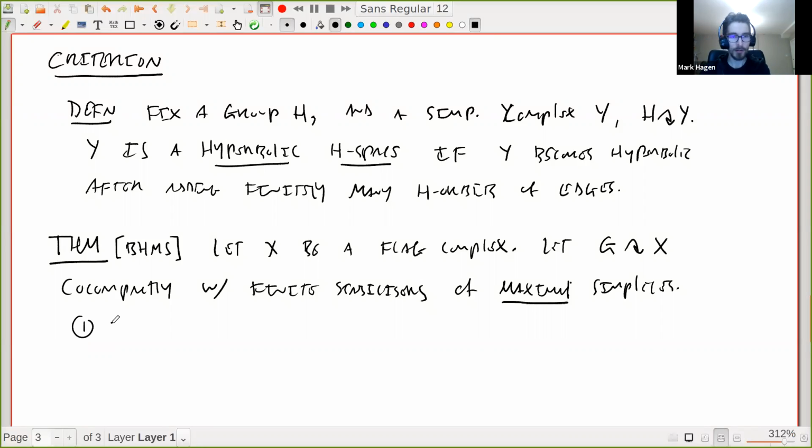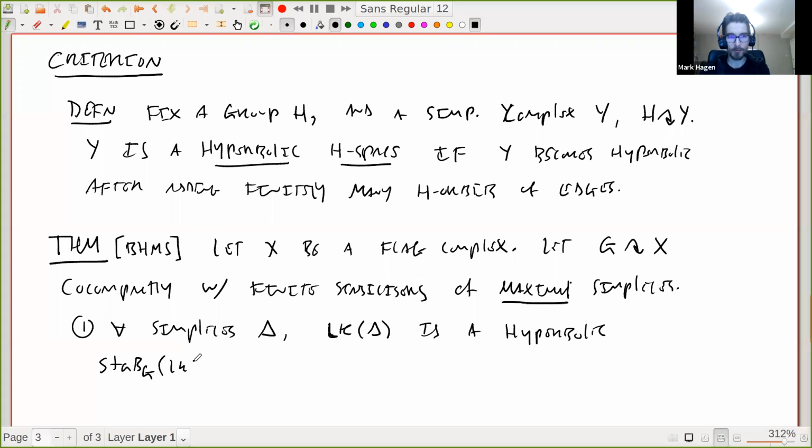So for all simplices delta, I'm going to ask that the link of delta is a hyperbolic H space where H is the stabilizer of the link.